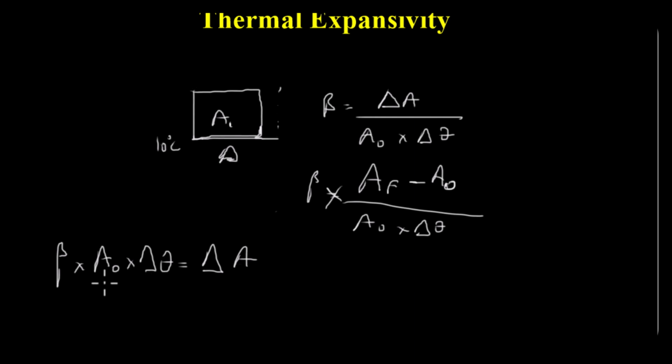Divide both sides by the original area, then delta A over A naught, which is the fractional change in area, must be equal to beta times the change in temperature. So the fractional change is directly proportional to the superficial expansivity, and also directly proportional to the change in temperature. So if you're asked to calculate, or you're given the fractional change and you don't know what to do, this is how you write your formula.